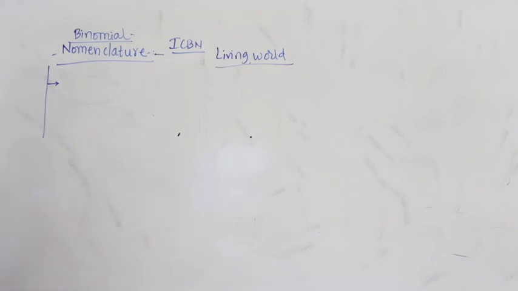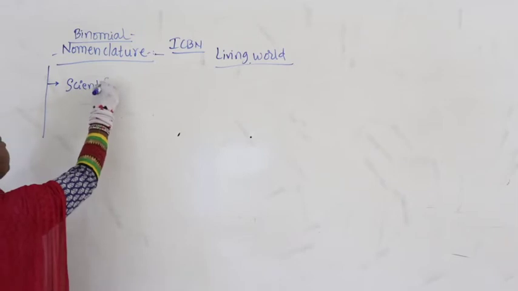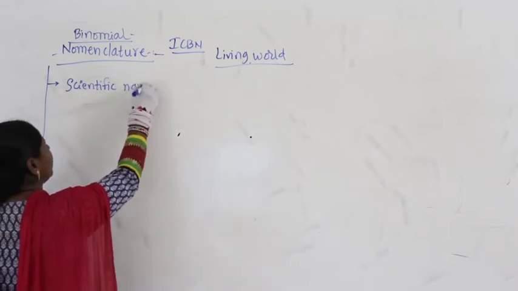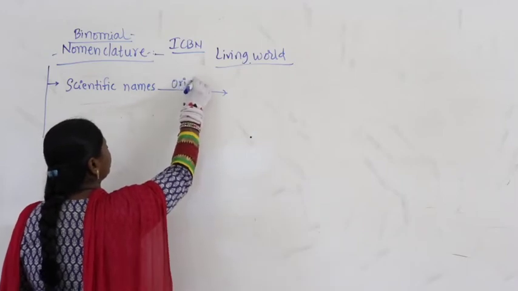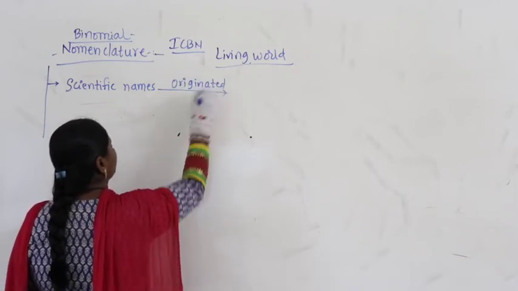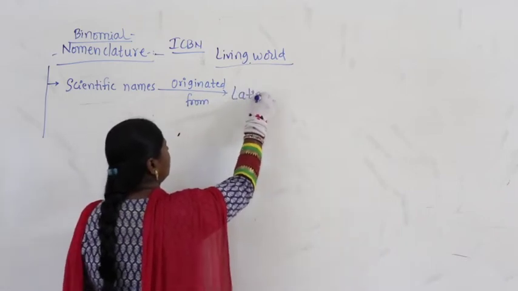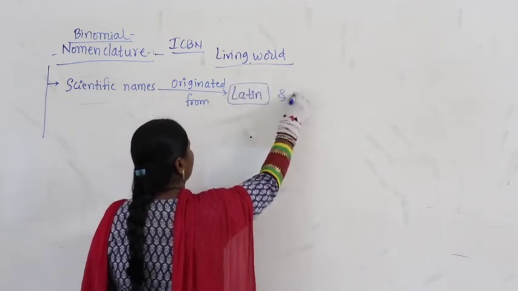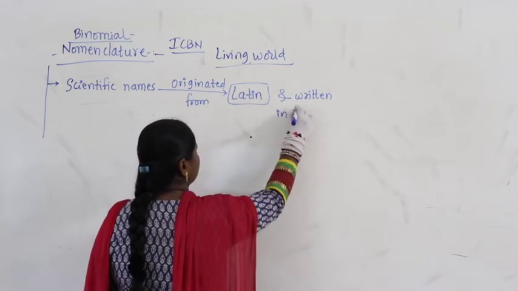So here if you look at these scientific names or the biological names, scientific names originated from Latin words and written in italics.